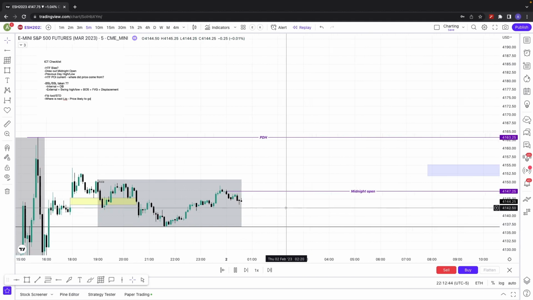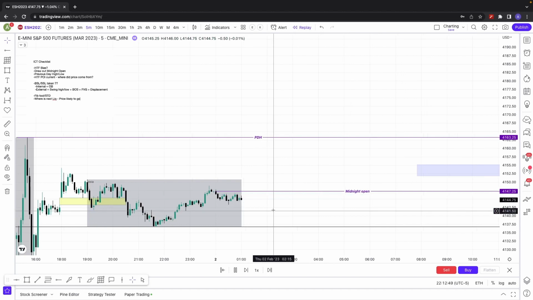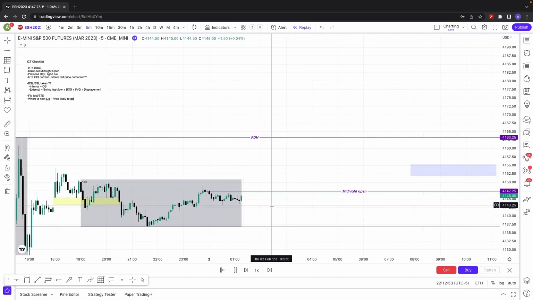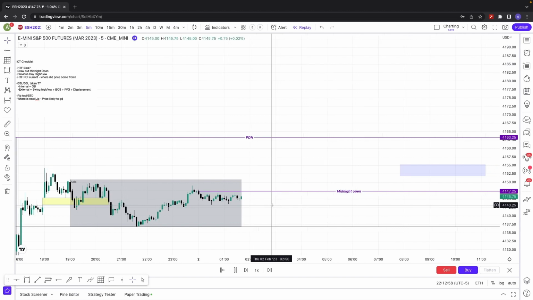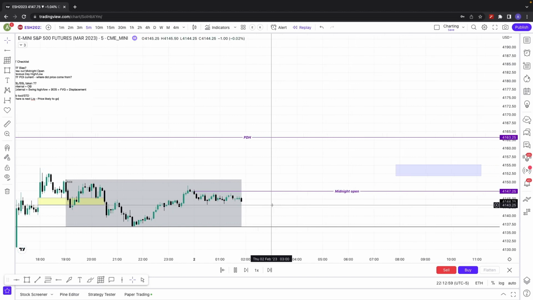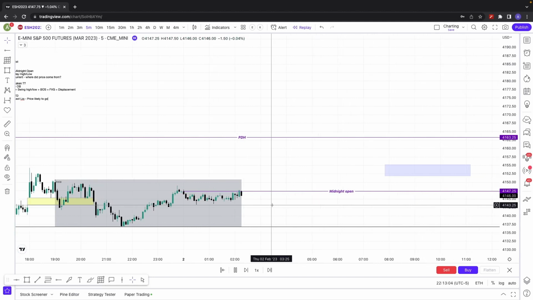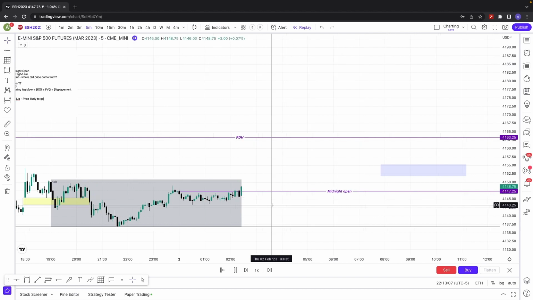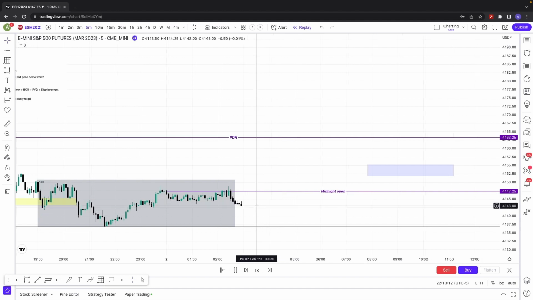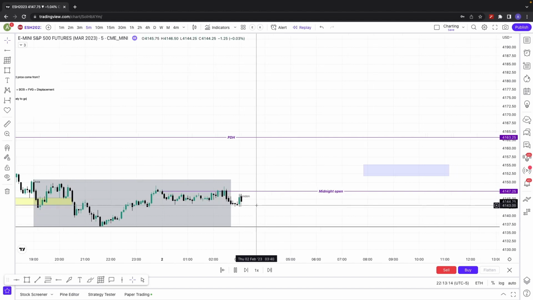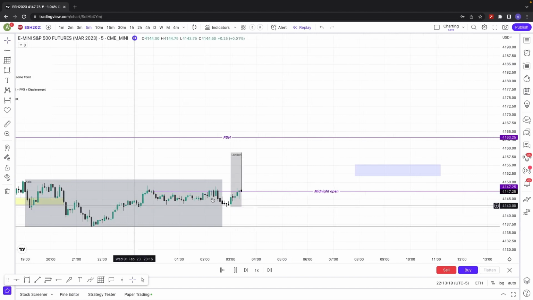Okay, so I'm just watching price. Here's midnight open. We break below. All right, take out some sell side liquidity right here from the swing low, which also matches up with an order block.